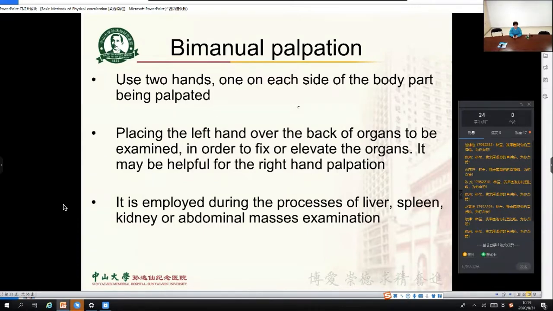Bimanual palpation uses two hands, one on each side of the body part being palpated. Place the left hand behind the organ to be examined in order to fix or elevate the organ, which may help the right hand palpation. It is employed during examination of the liver, spleen, kidney, or abdominal masses.